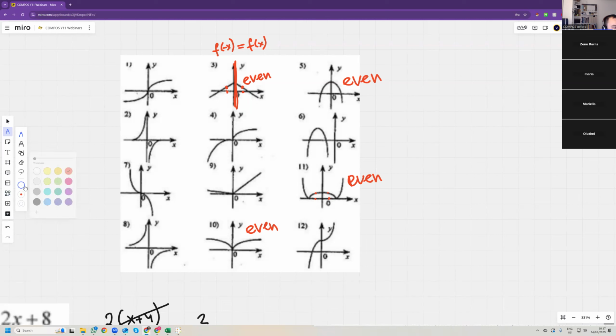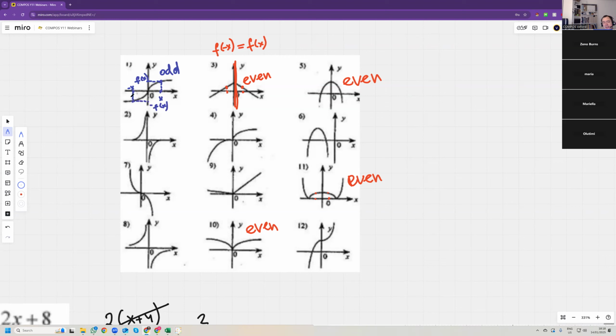So then let's find the odd. This is an odd function because it's symmetrical. It has a rotational symmetry of order 2. So all odd functions have rotational symmetry. How does that work? Well, this is x, and this is f of x. And minus x is on the opposite side, symmetrical to x, and it's minus f of x.